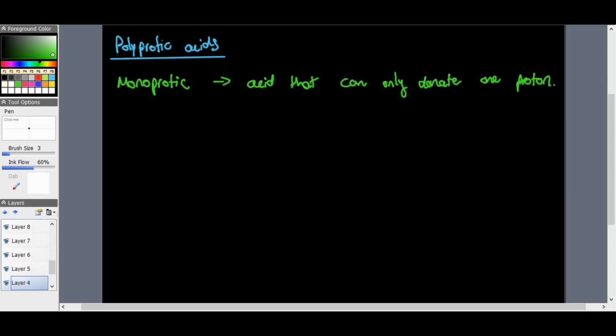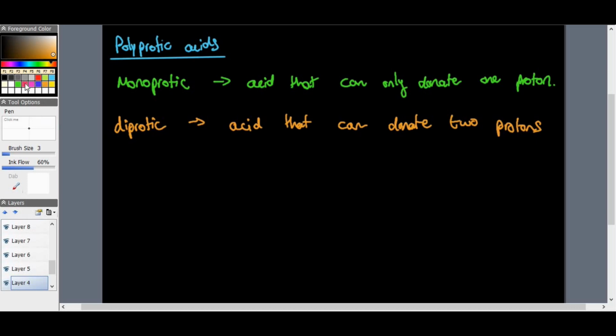Then we get into the word polyprotic, which means more than one. So then we get diprotic, which is an acid that can donate more than one, in this case 2. Carbon dioxide, two oxygens, same thing, it's got 2 protons to give.